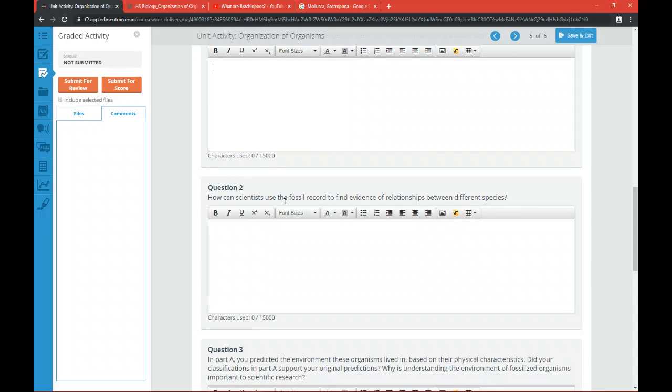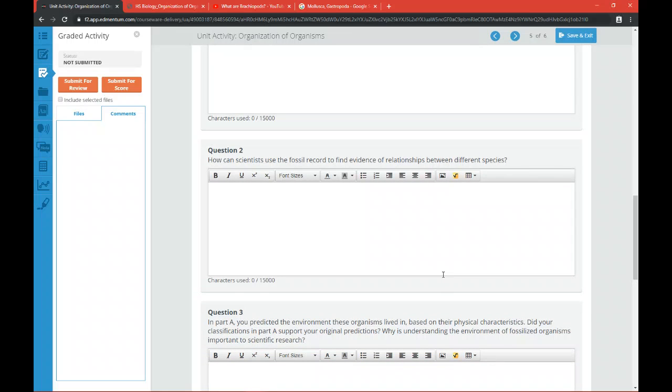How can scientists use fossil records to find evidence of relationships between different species? Well, the most obvious reason is that the fossils will look like a similar animal that could be even present today, or may have been researched, that you can find through books, through the internet, through YouTube.